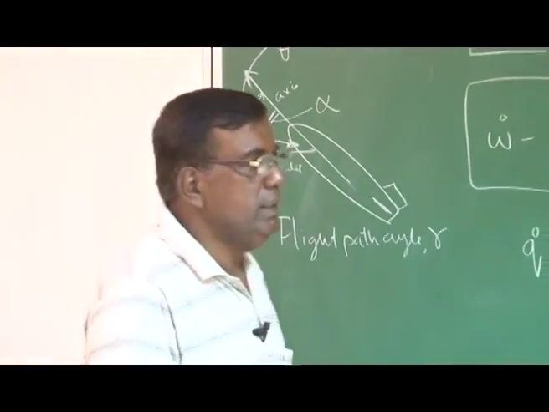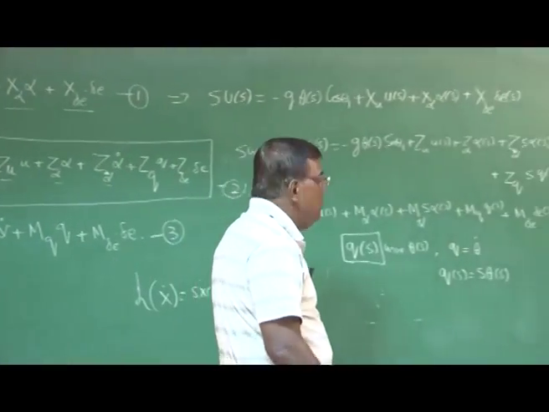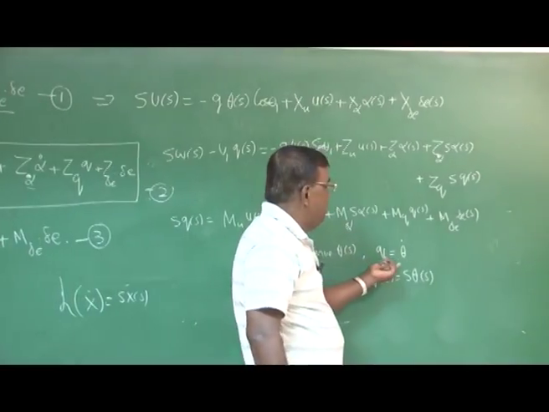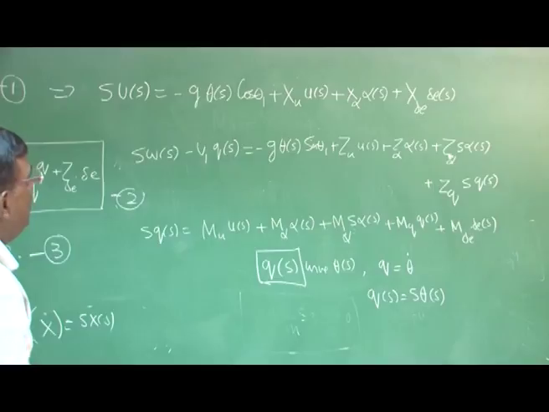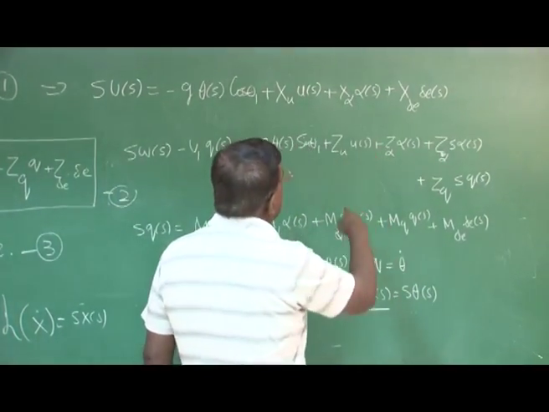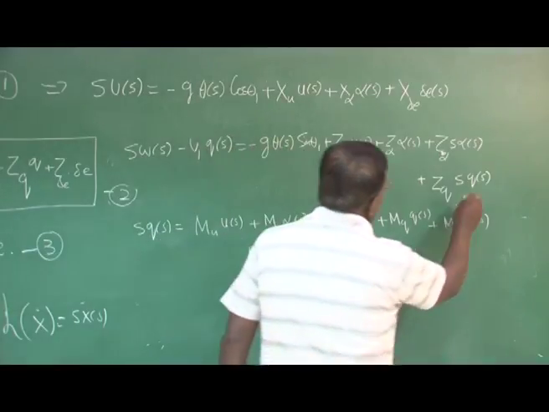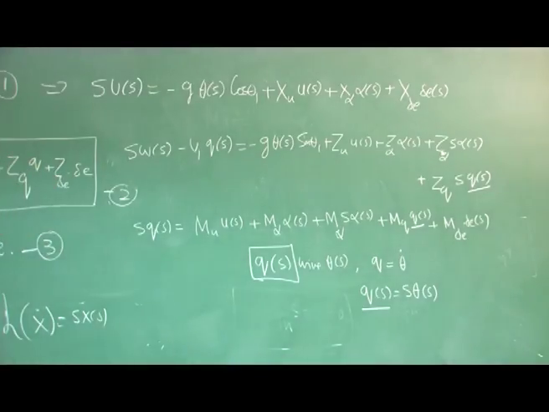As far as q is concerned, it is the rotation about the y axis, and for small perturbation, especially when we are talking about longitudinal motion, this approximation is fair enough. So what we will do is, wherever q of s is there in this expression, say here it is there, here it is there, we will substitute q of s by s theta of s.